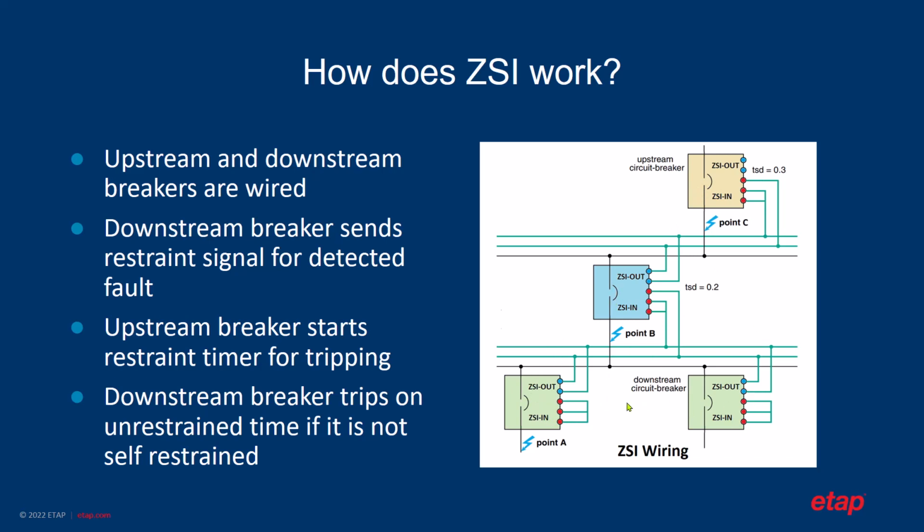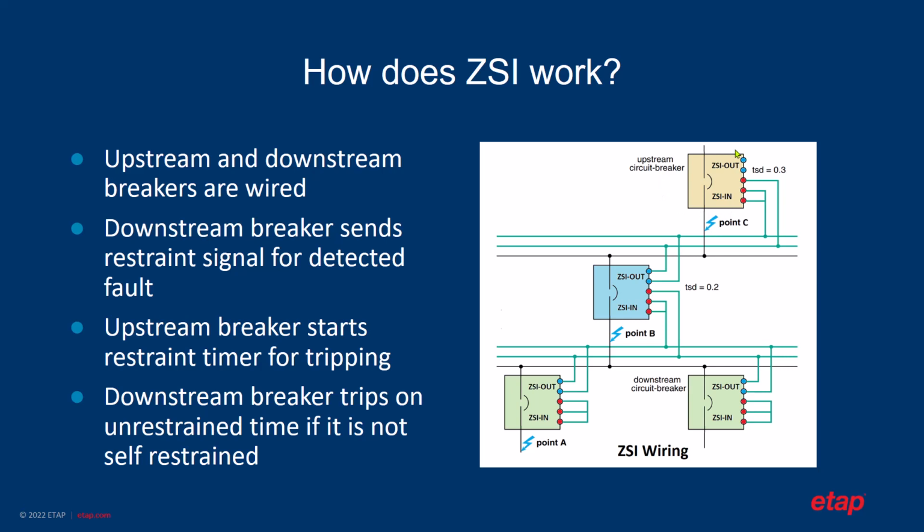The green ones are the feeder breakers, which do not have any downstream breakers, so there's no input for these green breakers. The blue one is the upstream breaker of these 2 green breakers, and the input of this blue breaker is from the output of the green feeder breakers.